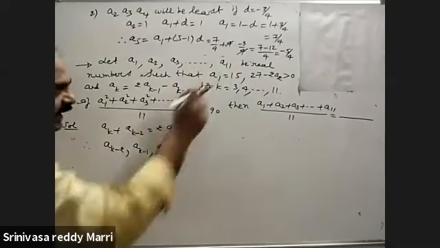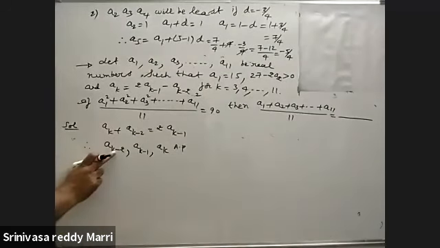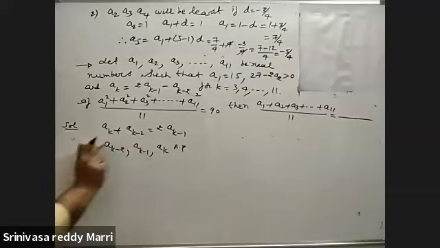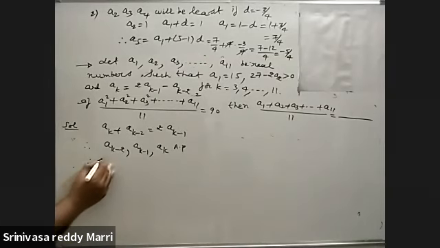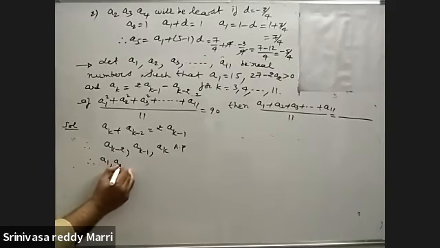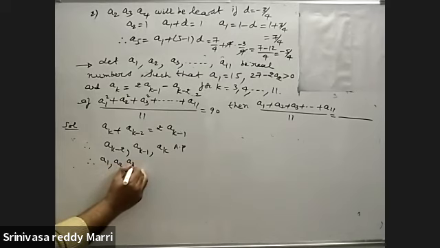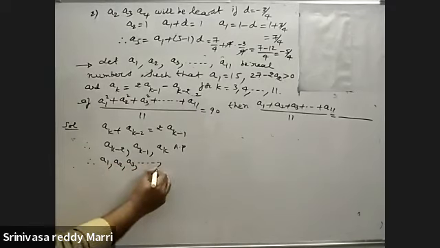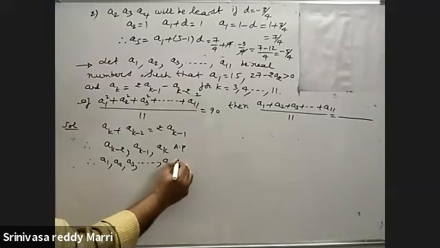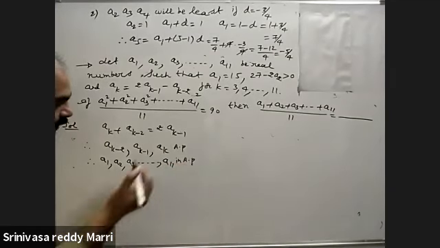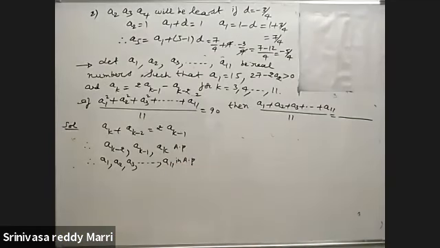If you substitute k equal to 5, you will get a3, a4, a5 are in AP. Therefore, if that relation is satisfied, these will be in AP.